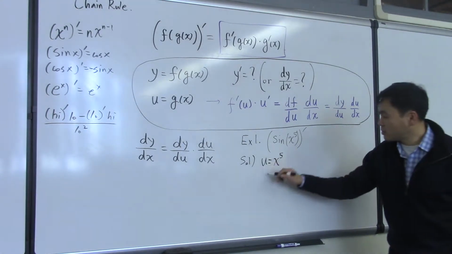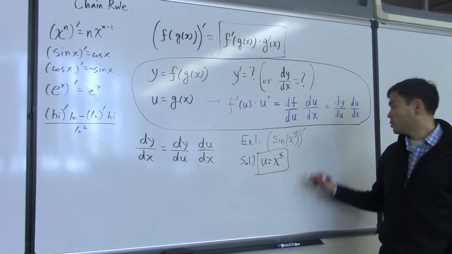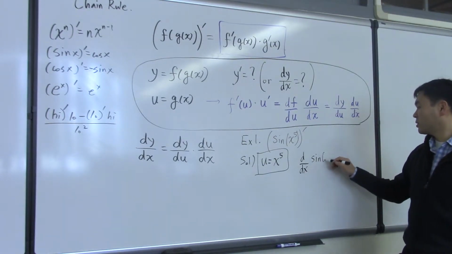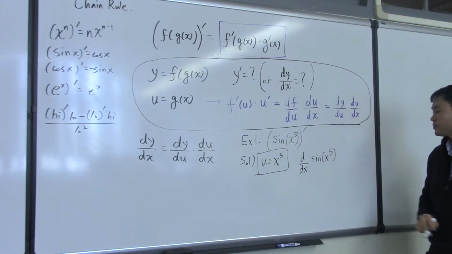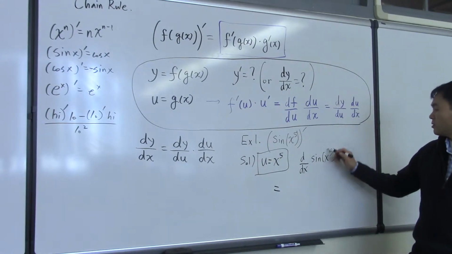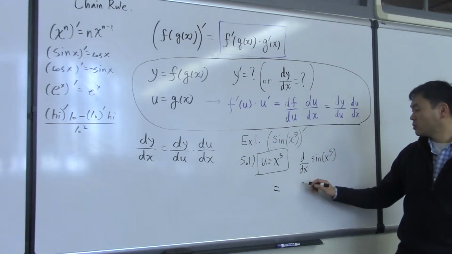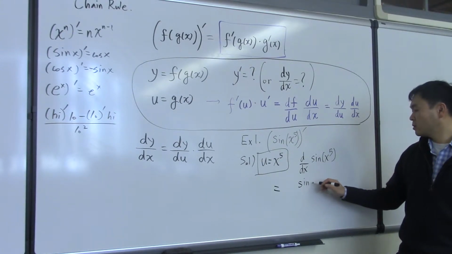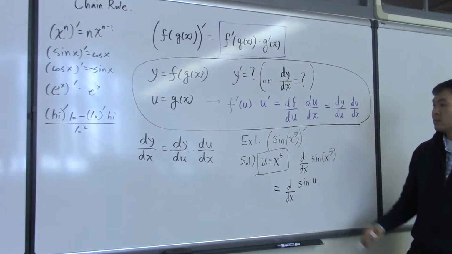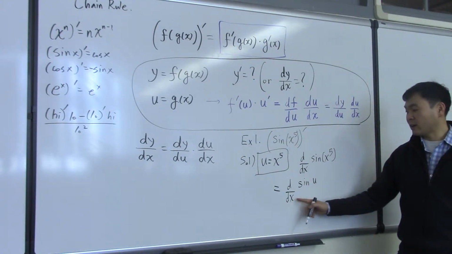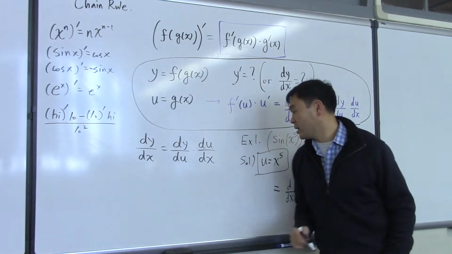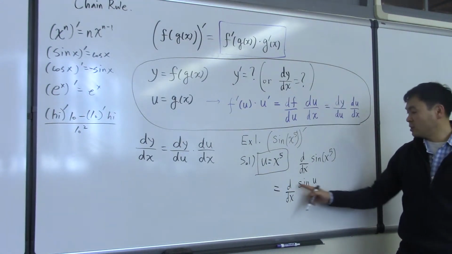So under this assumption, we're trying to differentiate sine of x to the fifth power, and because this is equal to u, sine of u, d dx is what we are looking for. Okay, so dy dx, that's how you should think of it. We're trying to differentiate this function which we call y, and we're trying to find dy dx.